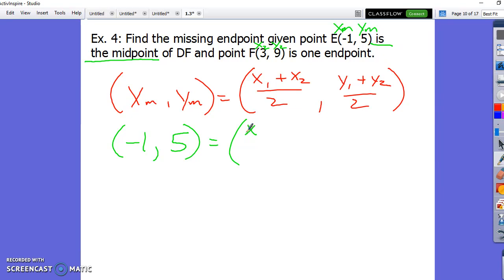But it's going to be (X plus 3) divided by 2, and then this one is going to be (Y plus 9) over 2. Are we all good at this point?